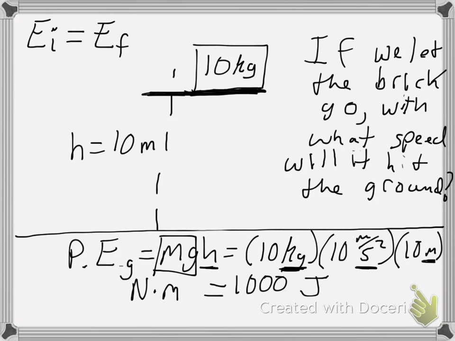And so here we know what the potential energy is initially. We know it's 1,000 joules. But what about initial kinetic energy?